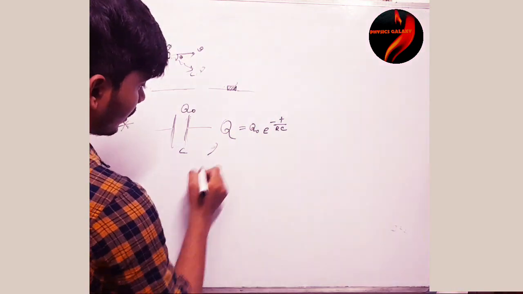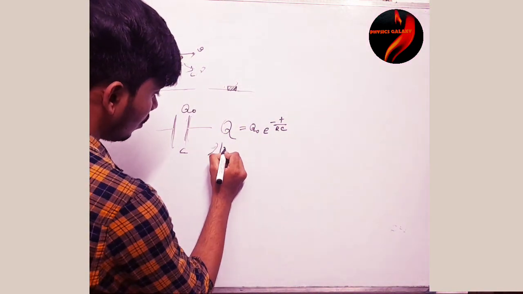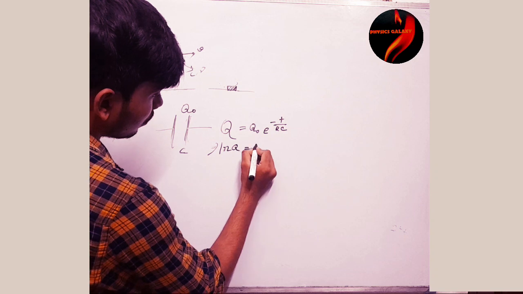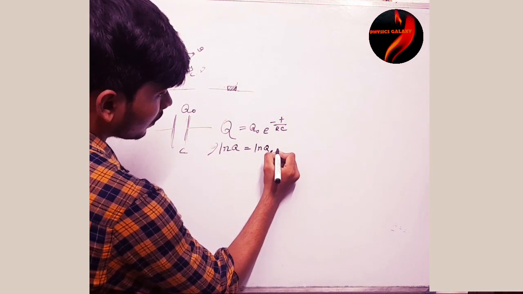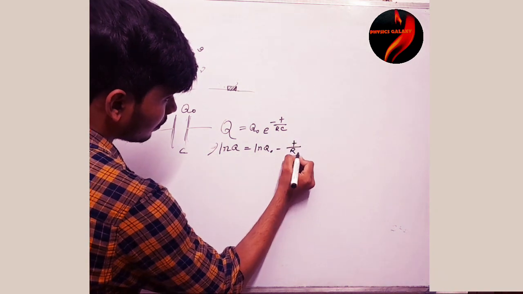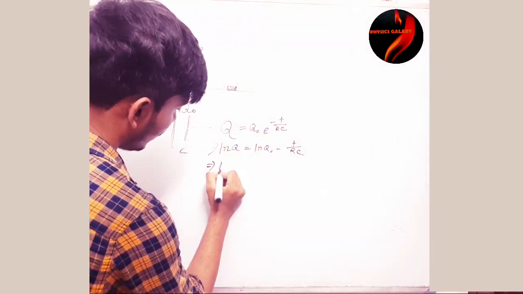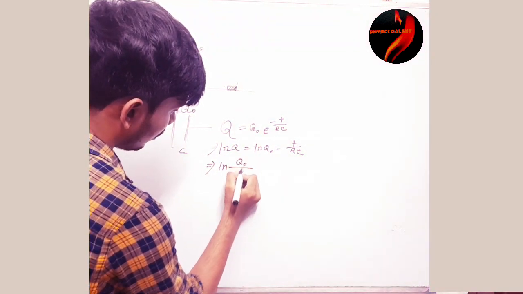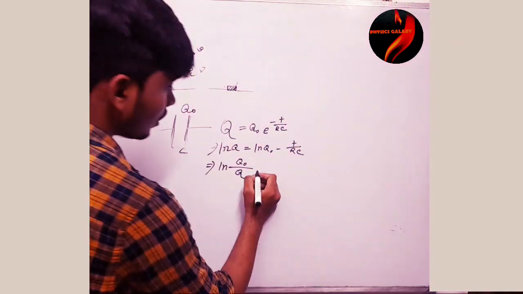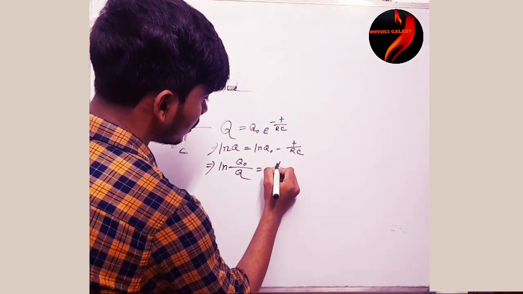And if we take the natural log, ln of Q equals ln of Q naught minus t by RC, and we know that ln of Q naught by Q equals t by RC.